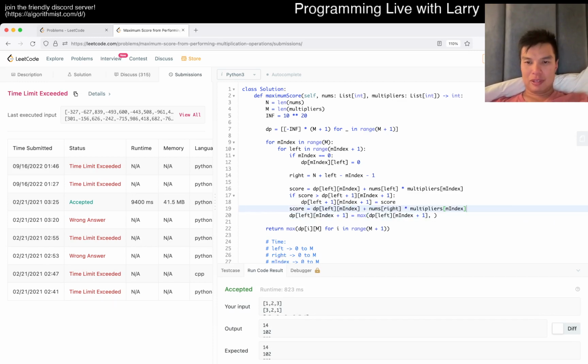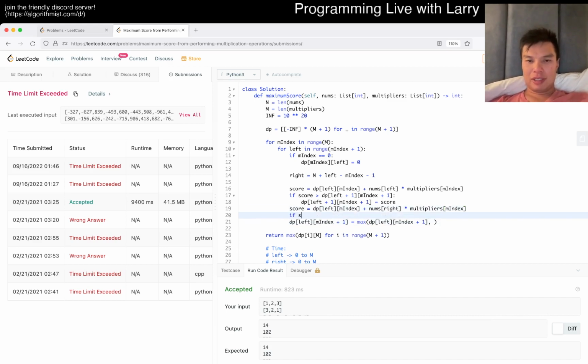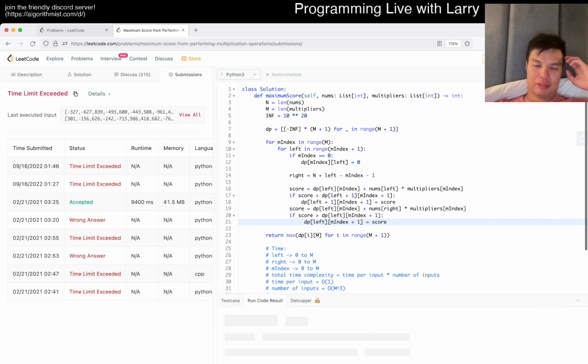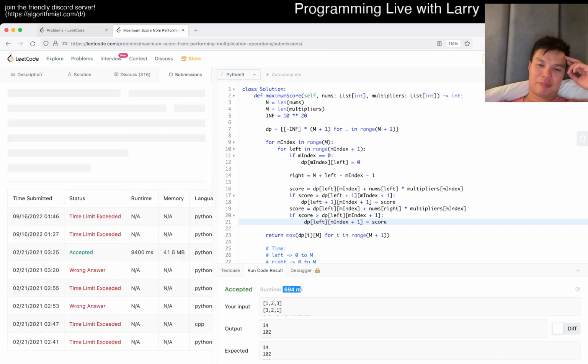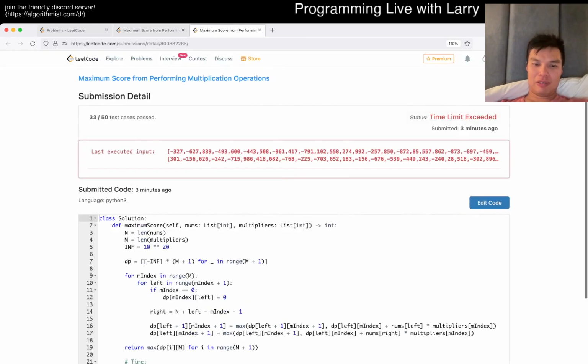Also, no. Like I said, there's no way for anyone to know if this is good enough, because this looks pretty good to me. Eight, 2, 3. That was slightly faster. I mean, this is a common trick, but I don't know if this is gonna be fast enough. But I'm gonna YOLO submit, I guess. Probably not, because this only did 33 cases. Oh my.